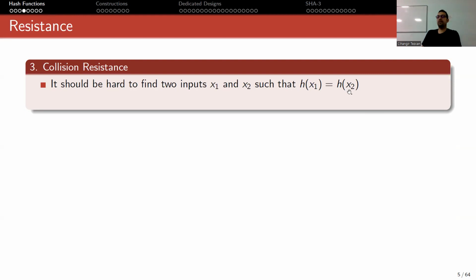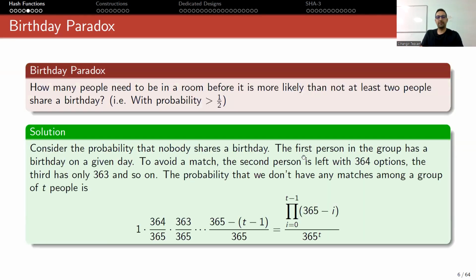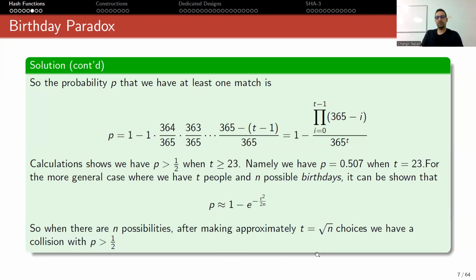So assume that there's a planet where there are 2 to the n days in a year. How many people do you need for them to share a birthday? The square root of it is the answer. Of course, there's a constant in front of it, but since the number is really large, we don't actually deal with this. So this is why it is easier to find collisions.